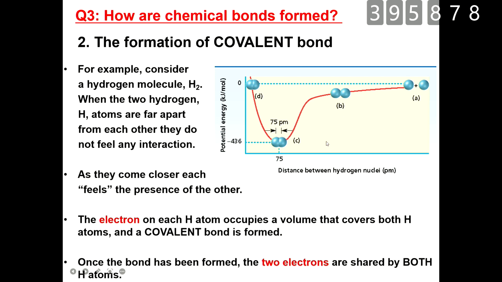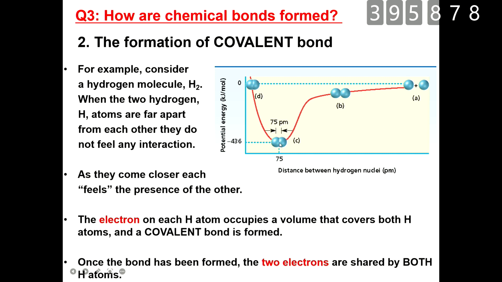And because they are so close, they can share the electron from one another. This means they share each other's electron, and there are two electrons between them, so both of them share these two electrons.